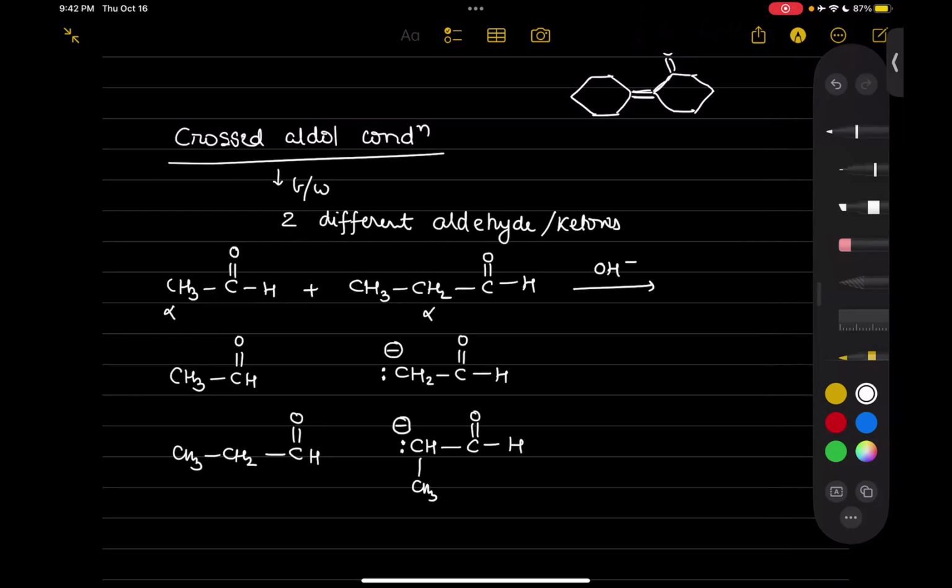And this is another carbanion which can form by the removal of alpha hydrogen from propanal. Getting my point or not? We are writing them side by side, just preparing to combine them.